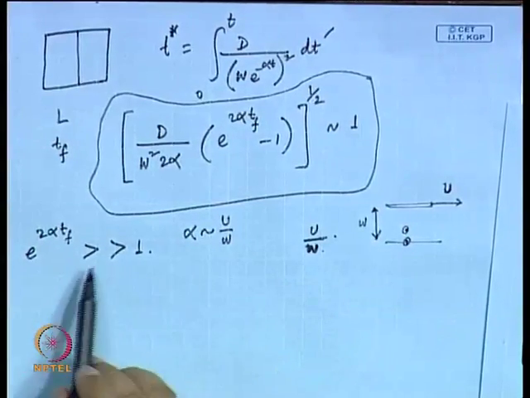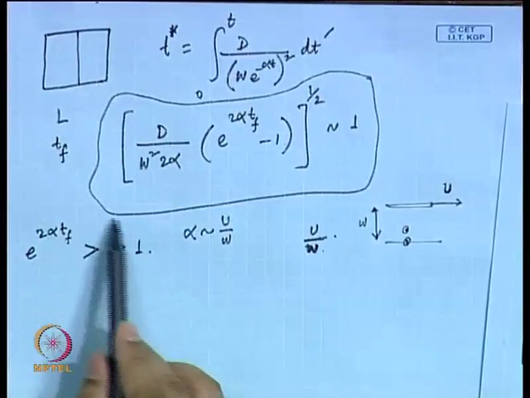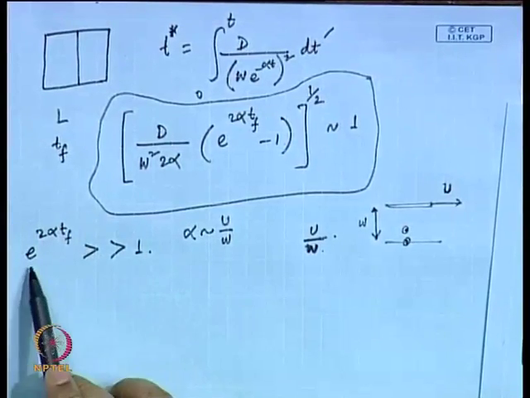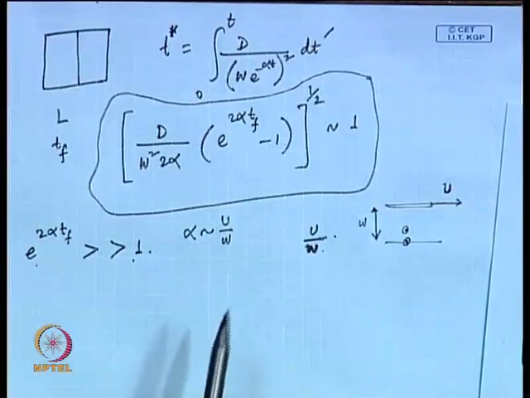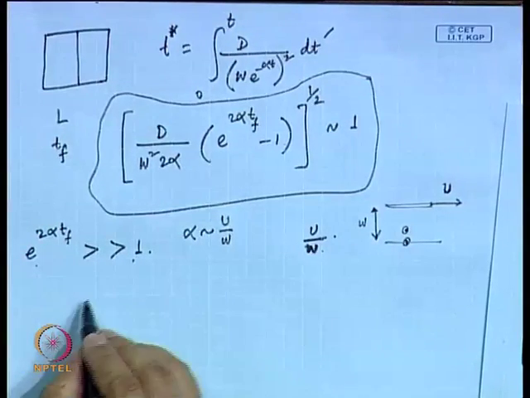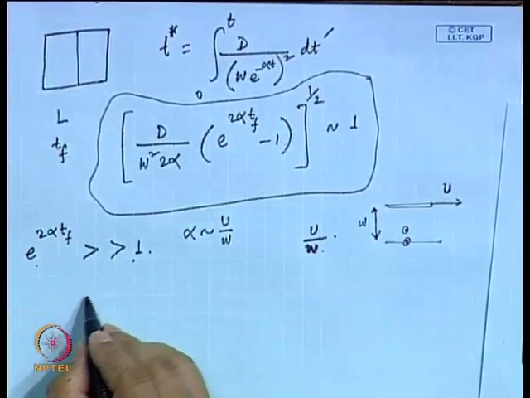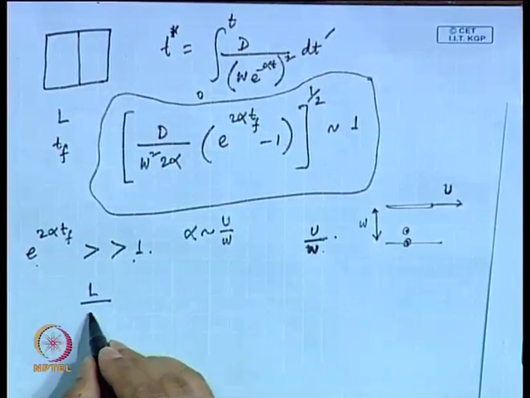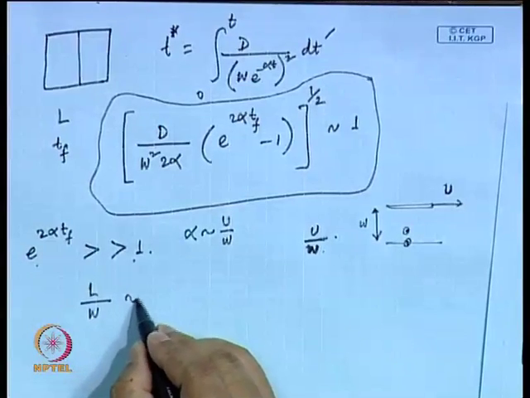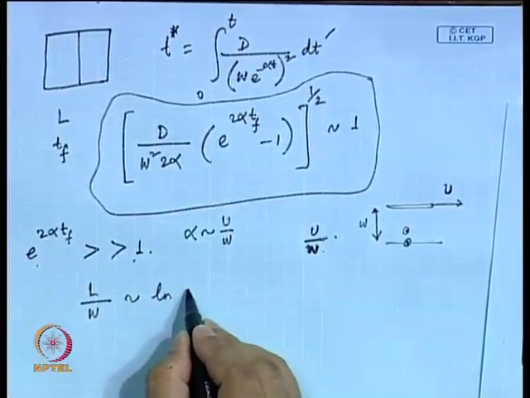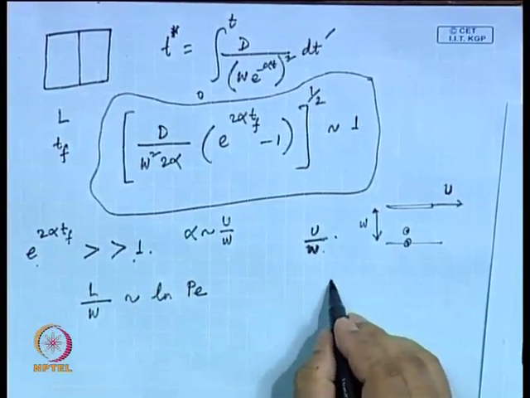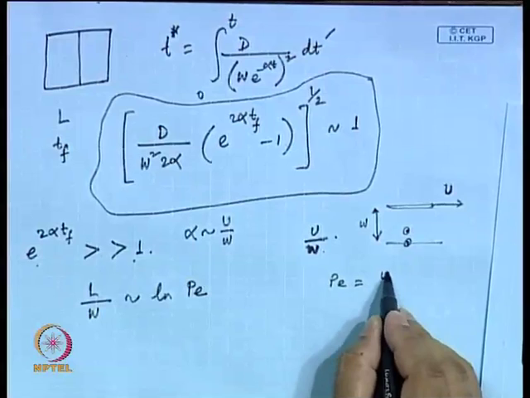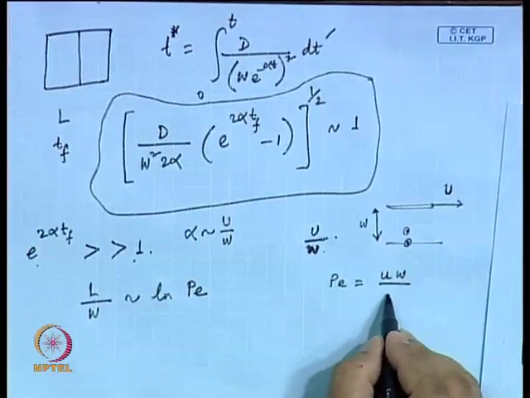This can probably be verified experimentally, that this quantity would be much higher than 1, and if alpha scales to u divided by w, then what you get here is that L divided by w scales to ln of Peclet number. What is Peclet number? You remember, it is basically u w divided by d.